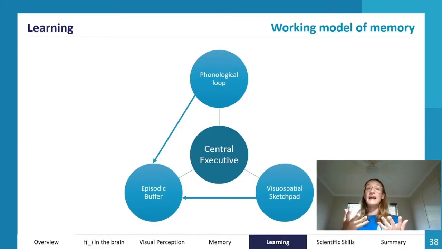We're thinking sound when we think phonological loop, because phono means hearing, and the phonological loop is therefore the auditory working memory, the sound information that's coming in when we look at memory through the lens of the working model of memory.